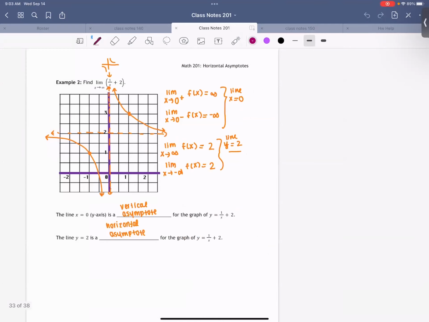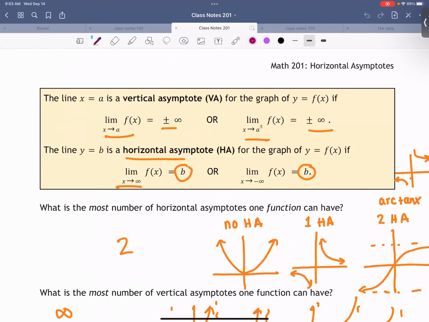Okay, so we talked about the difference between a vertical asymptote and a horizontal asymptote, how we define them using calculus. A vertical asymptote is when we take a limit as x approaches some number and we get plus or minus infinity, either from the left or from the right or both. And a horizontal asymptote comes across when we either take the limit as x approaches infinity or negative infinity and we get a number.